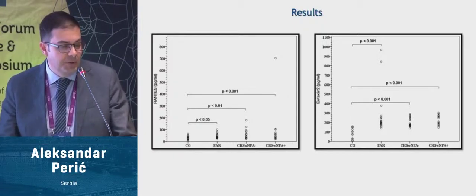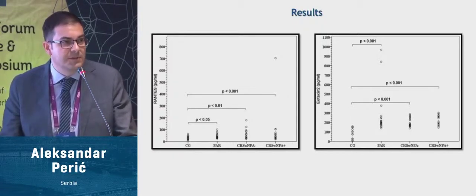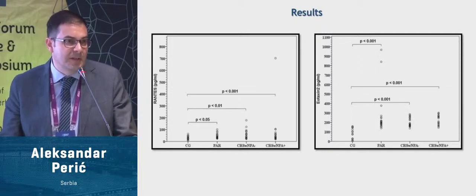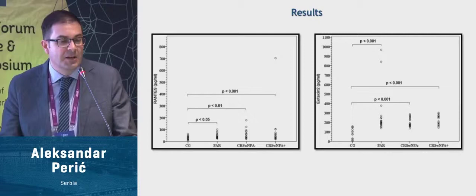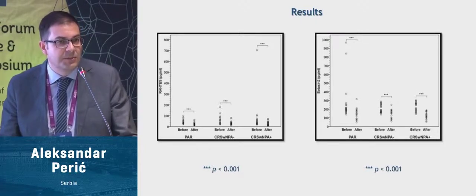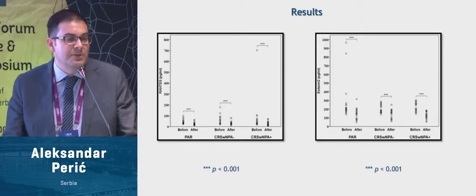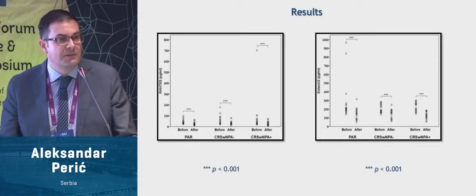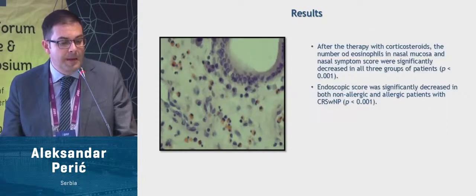However, we found no significant differences in the local concentrations of these chemokines between patients with nasal polyposis and allergic rhinitis. After 14 days of fluticasone furoate administration, we found significantly decreased concentrations of rhinitis and eotaxin 2 in the nasal secretion samples of patients with perennial allergic rhinitis and non-allergic and allergic patients with nasal polyposis.